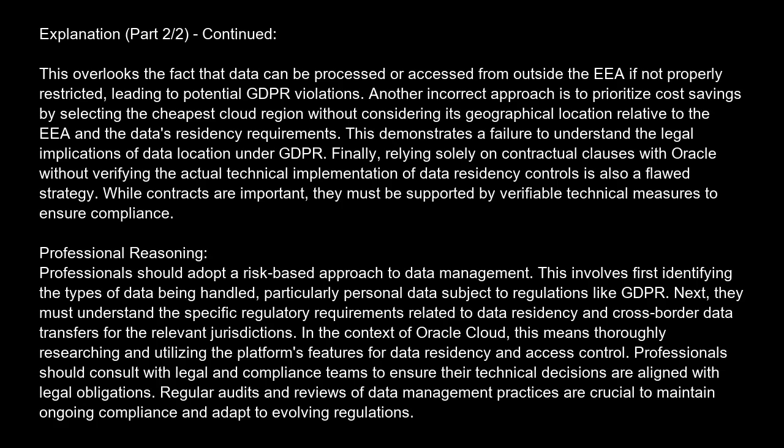This demonstrates a failure to understand the legal implications of data location under GDPR. Finally, relying solely on contractual clauses with Oracle without verifying the actual technical implementation of data residency controls is also a flawed strategy. While contracts are important, they must be supported by verifiable technical measures to ensure compliance.